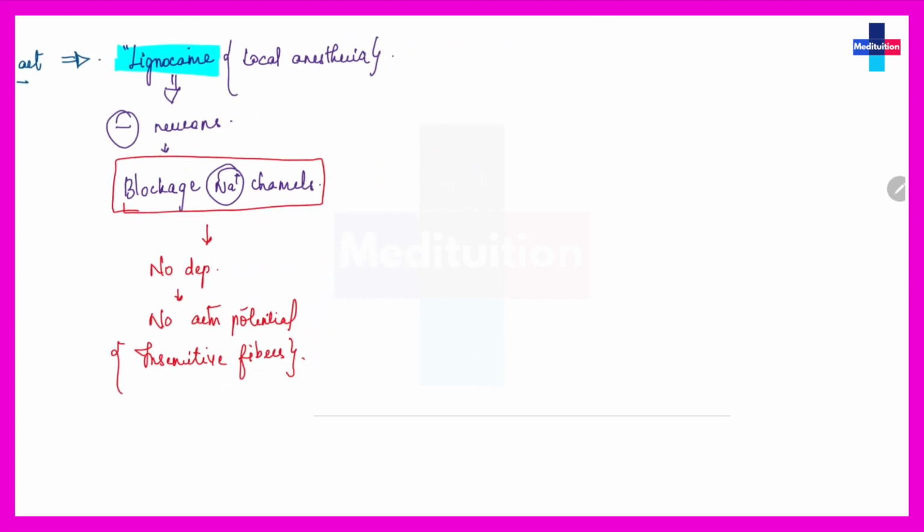Then one more applied part which we are going to see now is epileptic drugs. Now how do the epileptic drugs work? Any ideas? What do the epileptic drugs do? They also block the sodium channels. Why?